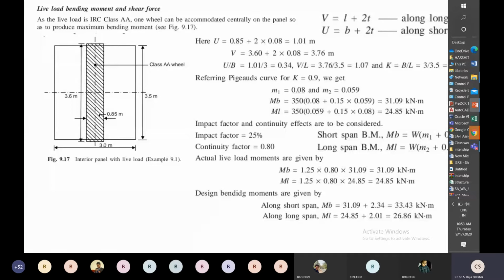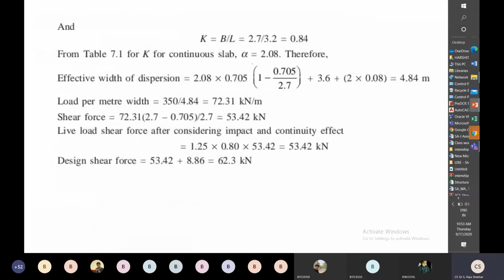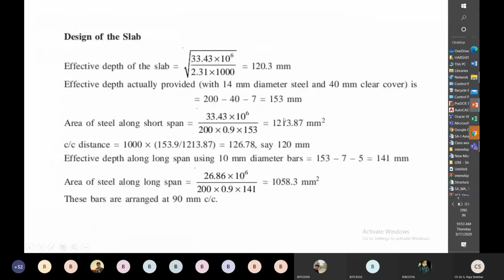Depth of slab required: M is equal to Q into b d square. From this, if you calculate the d value, I'm getting 120.3 mm. So this is the effective depth.